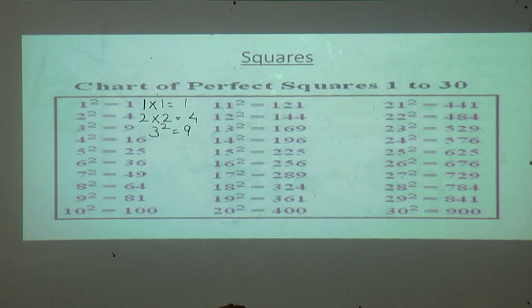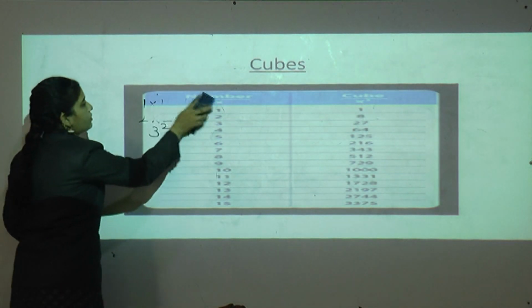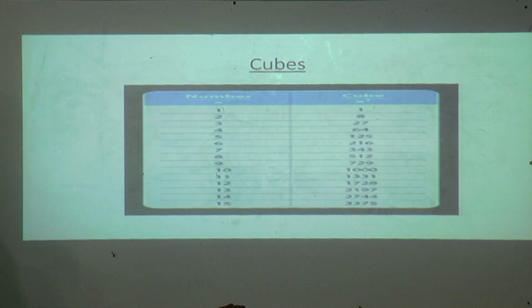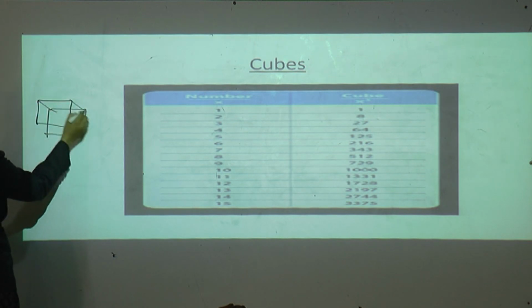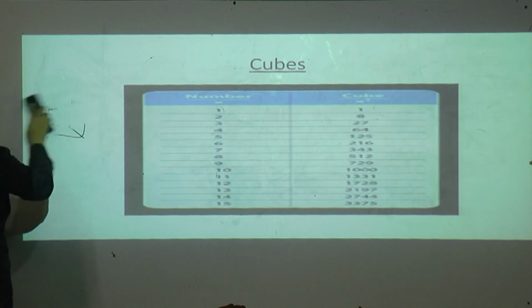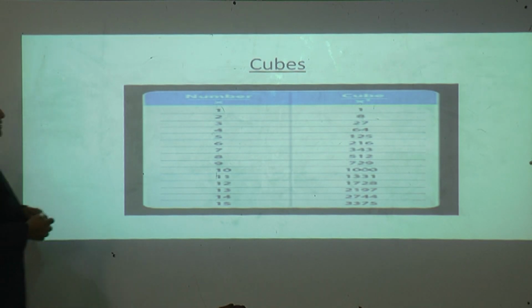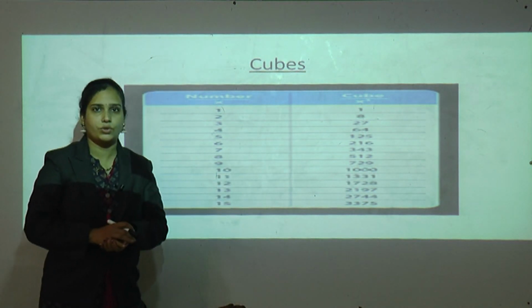Now students, here cubes. Just now I told you about squares. Then what is meant by cubes? Is it a figure cube? No. I want to say that cubes means when we multiply one number 3 times, the answer is a cube.